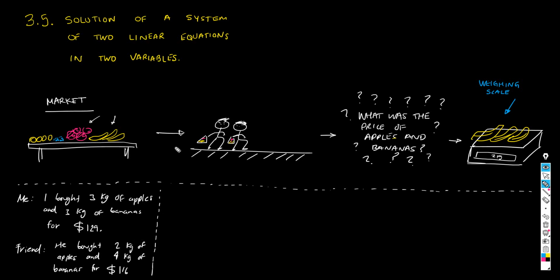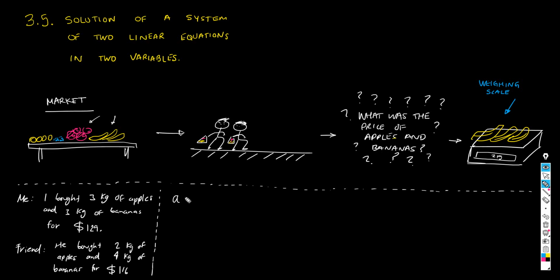Yes, we can. And we're going to do it by making use of a system of two linear equations in two variables. And it's very simple. Look, first, remember, I'm going to declare my variables. If I'm looking for the price per kilogram of apples and for the price per kilogram of bananas, why don't we declare these two variables?